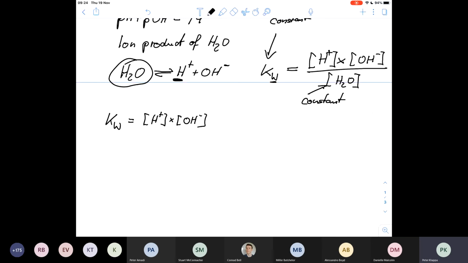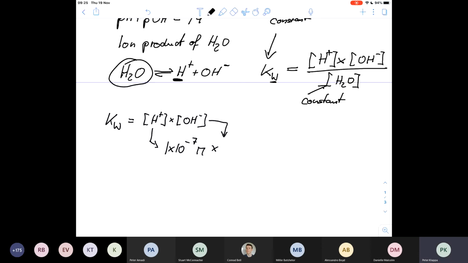Now, tell me, what is the proton concentration in water? And we had this already today. Yep, fantastic. 1 times 10 to the minus 7 molar. What's the hydroxide concentration? Yes, absolutely right.